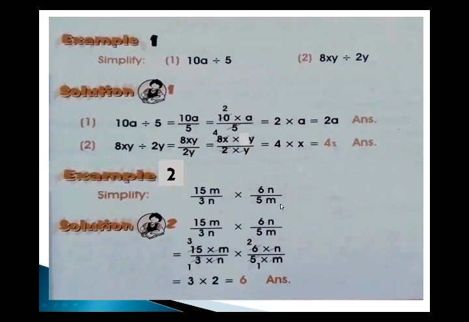Okay, so in this question firstly they write the question as it is. And here you see, if two fractions are in division, and between these two we have a multiplication sign, then we cancel out the numbers which are in the cross product.